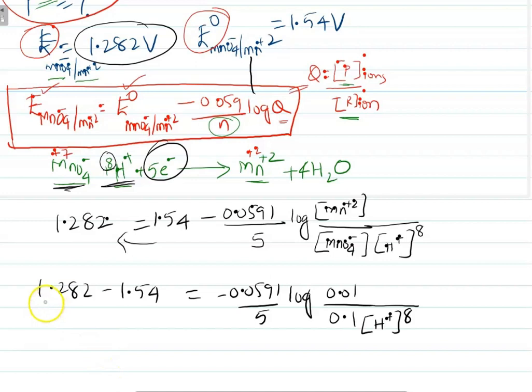When you subtract 1.282 minus 1.54, you get minus 0.258.